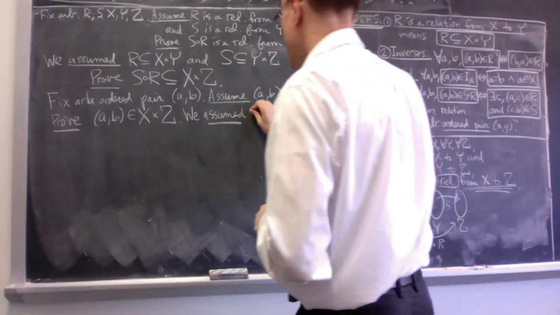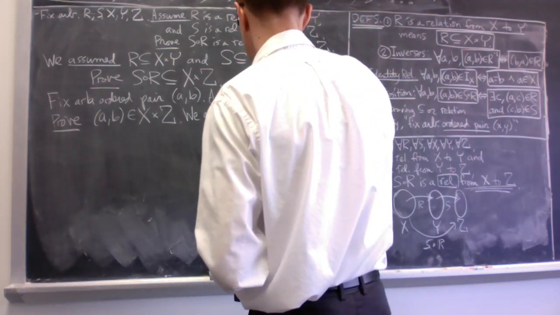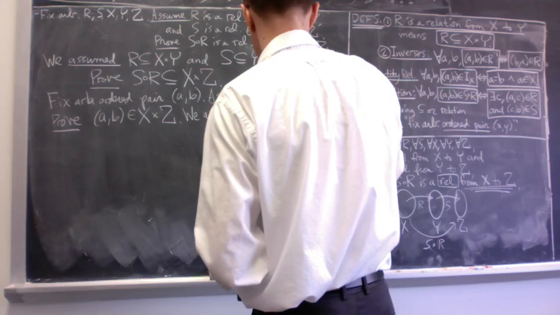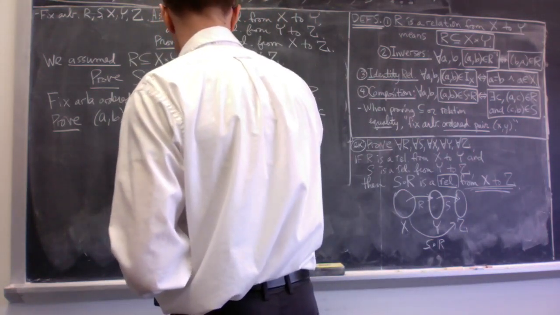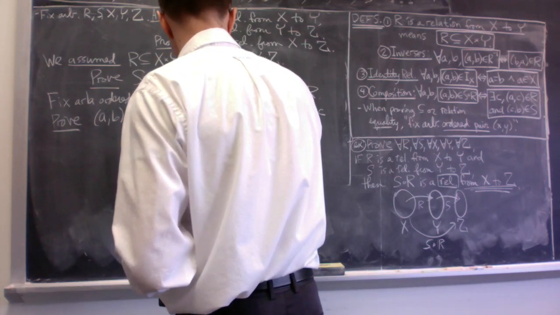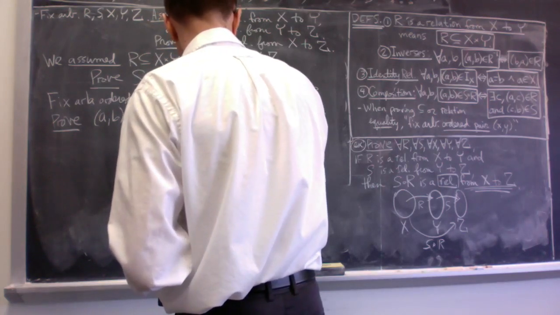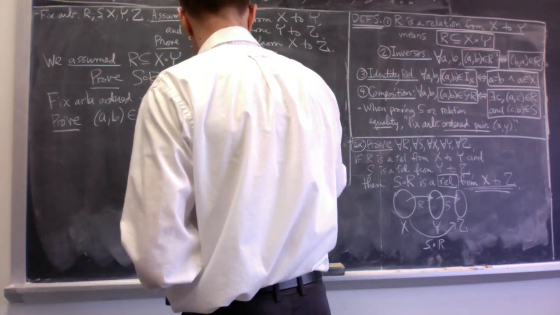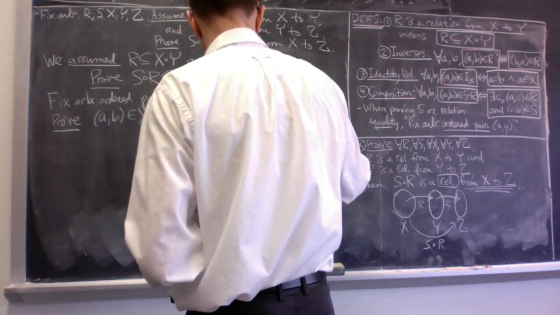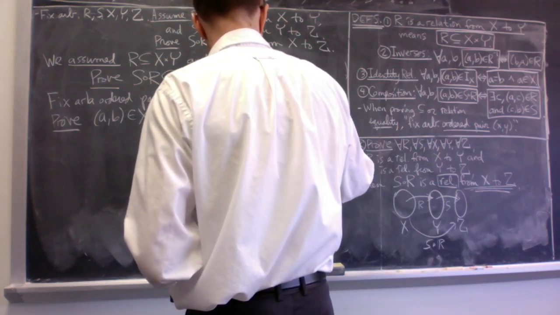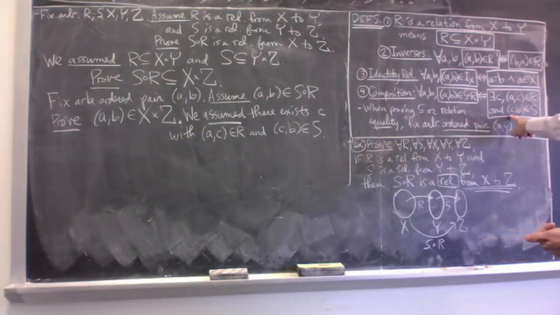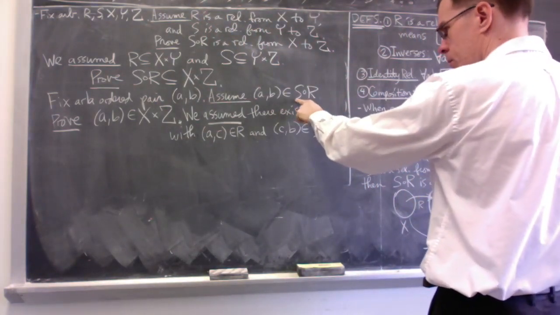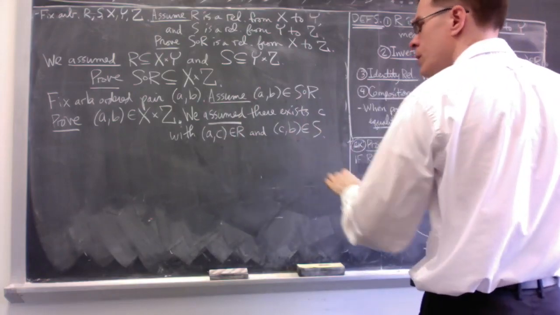So we assumed there exists a C where AC is in R, and CB is in S. Okay, R first, S second, so to speak.